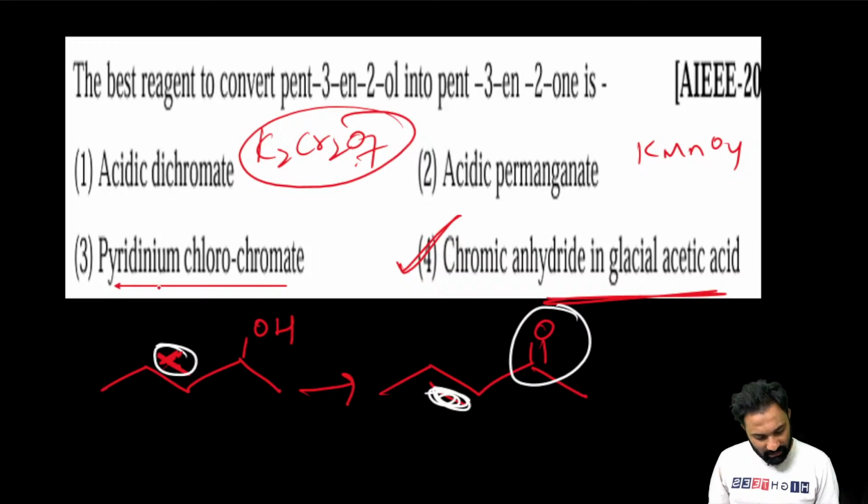Even though it is a mild oxidizing agent, the pi bond is weak. Only the chromic anhydride in glacial acetic acid will not oxidize the double bond.